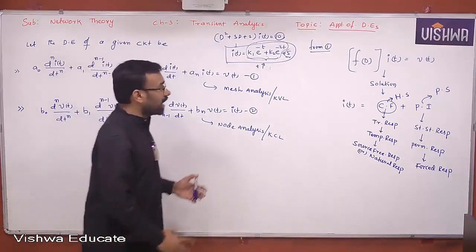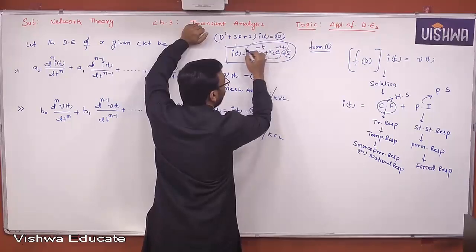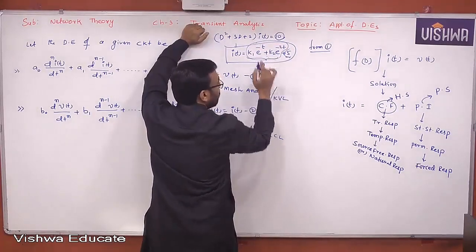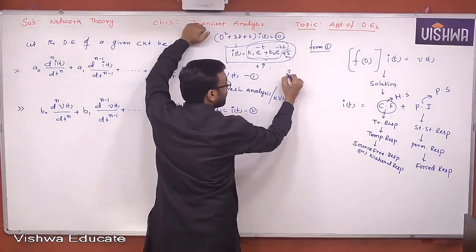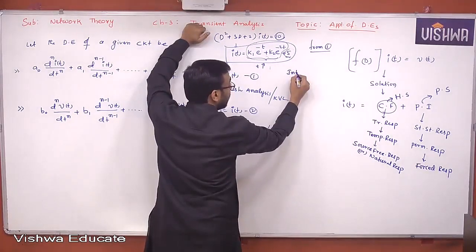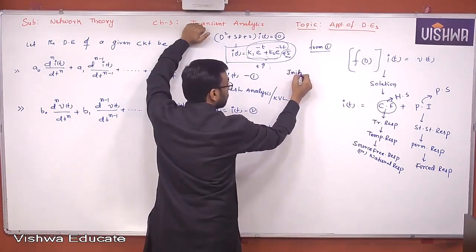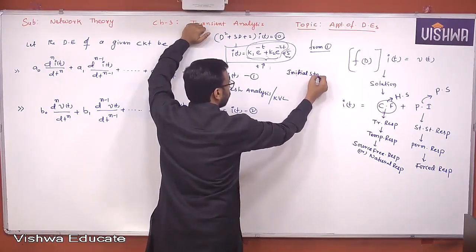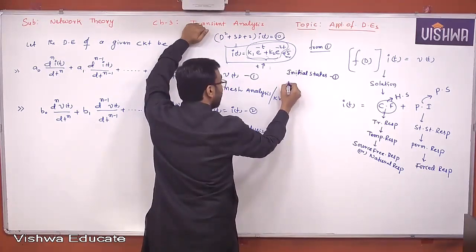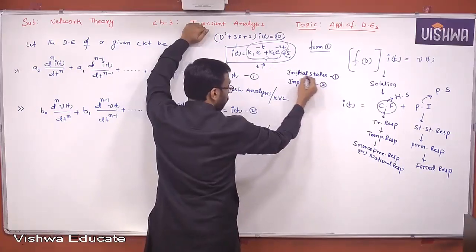Now using the concept, according to superposition theorem, there are two inputs. One is the internal states, or initial states, and the actual input given to the system is the other input.